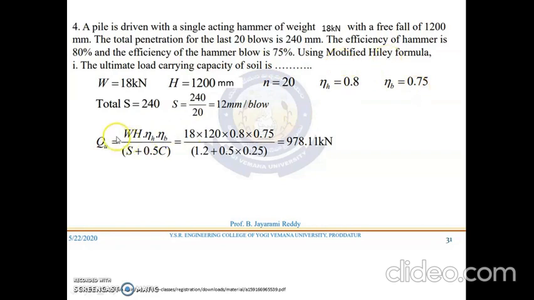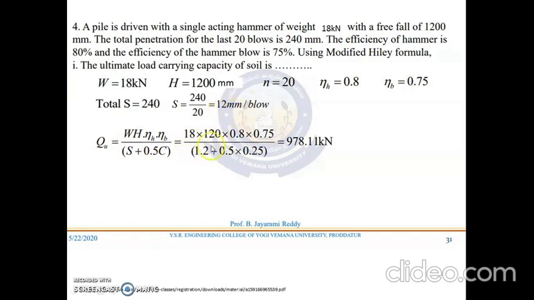The modified Healy's formula can be written as Qu equal to W into H into eta B divided by S plus 0.5 into C. So the weight is 18, into H, which has to be written in terms of centimeter, so 1200 divided by 10, which is 120 centimeter, into eta H is 0.8 and eta B is 0.75, divided by S we have calculated per blow, that is 12 mm.